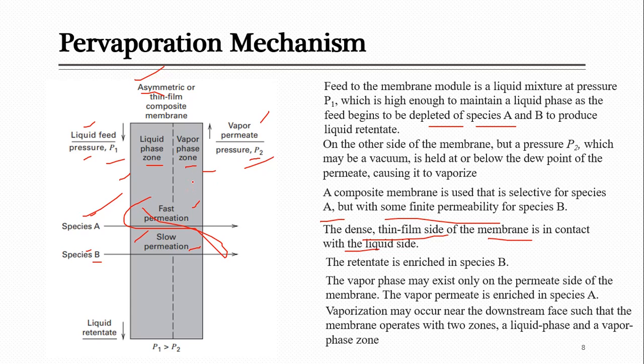Due to this vacuum, it gets converted from liquid to vapor. So this vaporization has taken place even when the component was inside the membrane. It is not that it gets converted only when it reaches the other side of the membrane. Even inside the membrane, vaporization takes place.